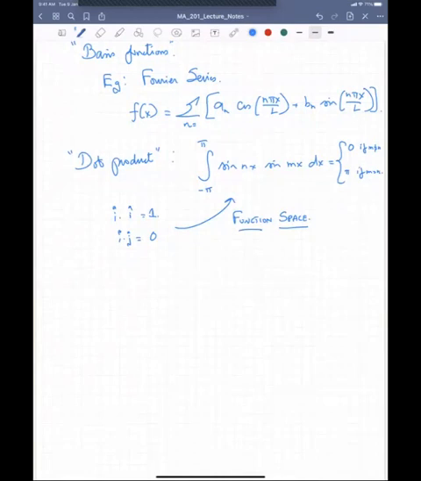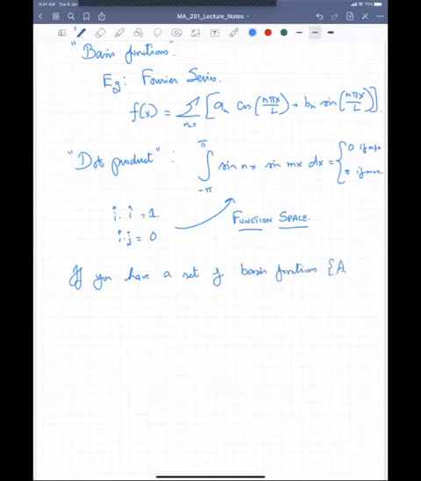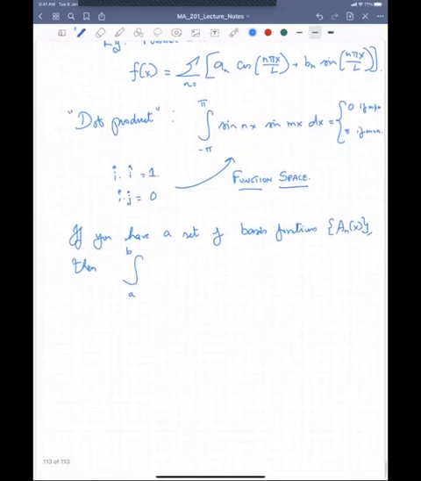In general, if you have a set of basis functions a_n in some interval a to b, it can be minus infinity to infinity, minus 1 to 1, what have you. It depends on what functions you're talking about.